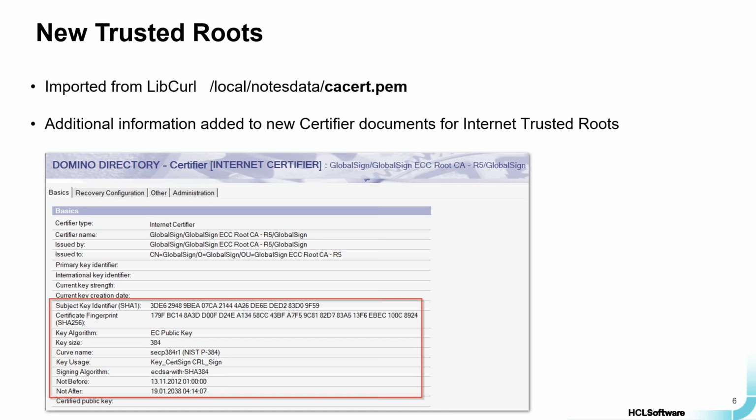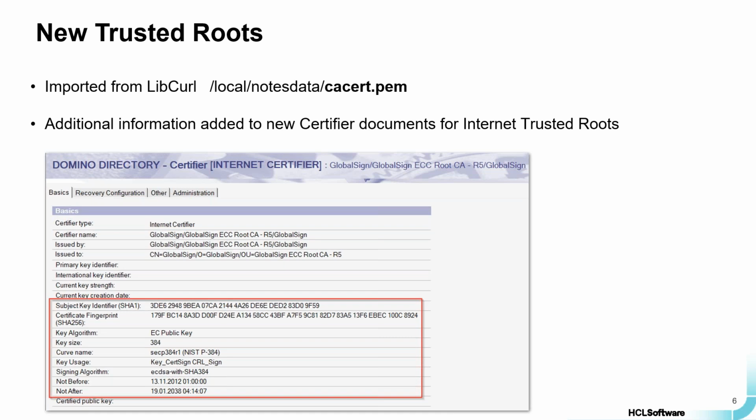So you see that all the different properties of the root certificates are now listed in the design, in the form. But not only that, they are really fields on the document that you can use to check those details, right? So it's not just in the form and presented from the @formula. It is really the backend that writes all this information.